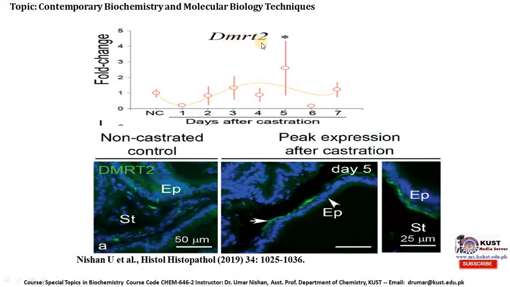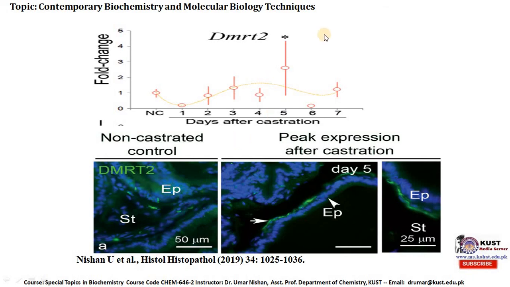DMRT2. This is the real-time PCR result of DMRT2, and this is the control. This is day 1 after castration, day 2, 3, 4, and 5. One can see that it is showing statistically significant expression.